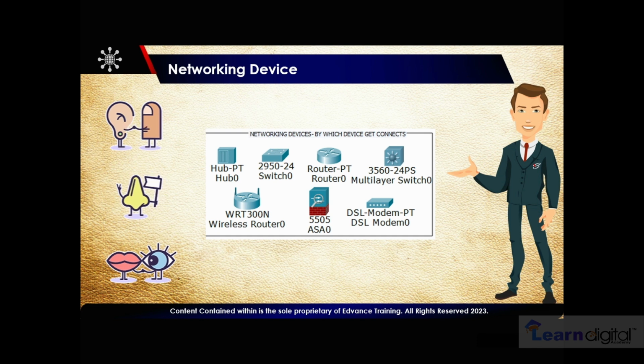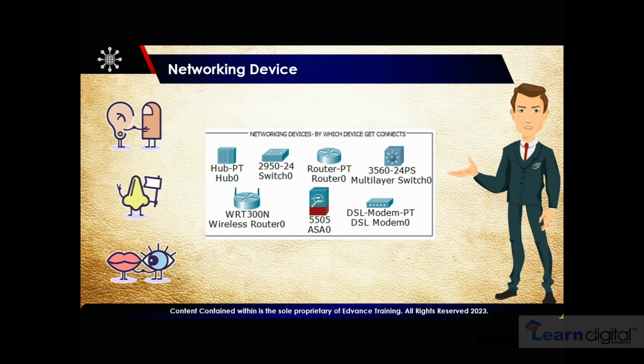It lacks the intelligence to understand or analyze the data being transmitted. As a result, when one device sends data to the hub, it replicates it and sends it to all other devices connected to the hub, creating unnecessary network traffic. So hubs are considered outdated and have been largely replaced by more advanced devices like switches and routers.